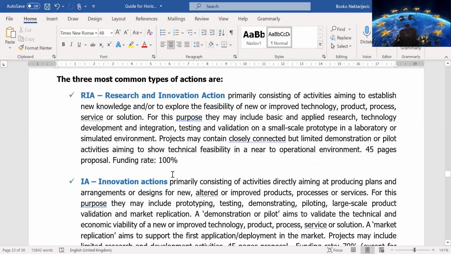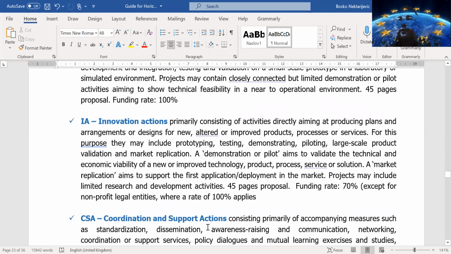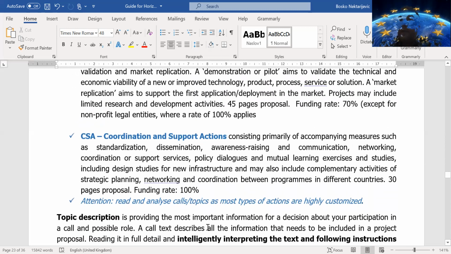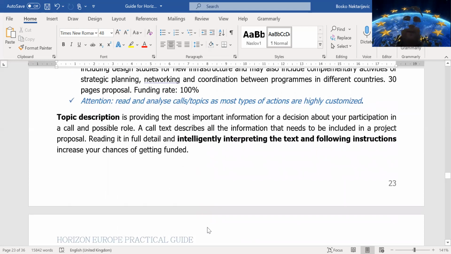I won't explain in more detail what typical activities under research and innovation actions are. As an example, they would include activities aiming to establish new knowledge and/or to explore the feasibility of a new or improved technology, product, process, service, or solution, and so on. I'll address those types of questions in longer trainings. And of course, you are advised to read the guides that we will publish.